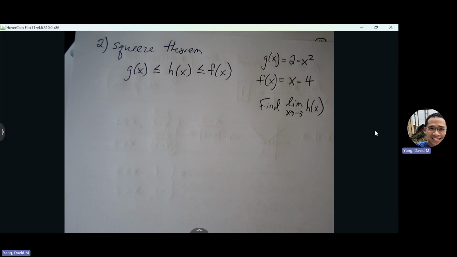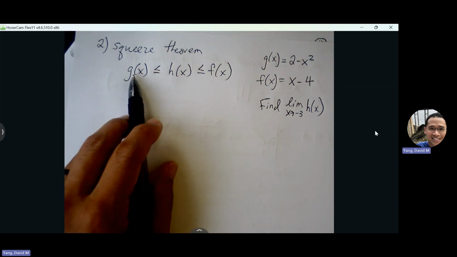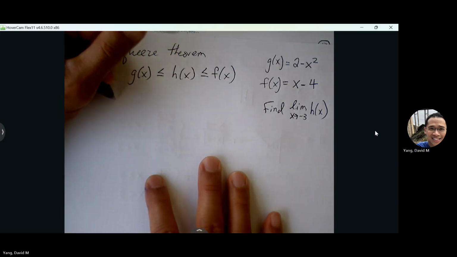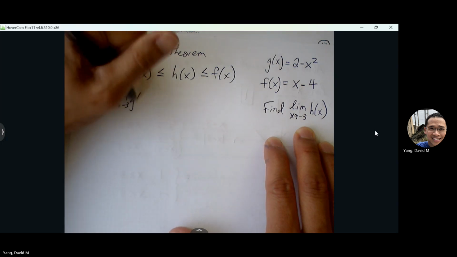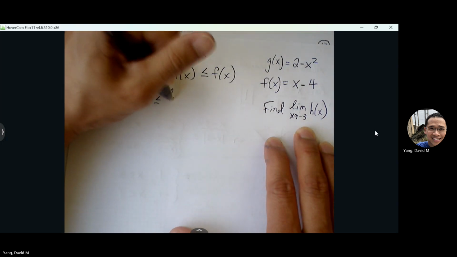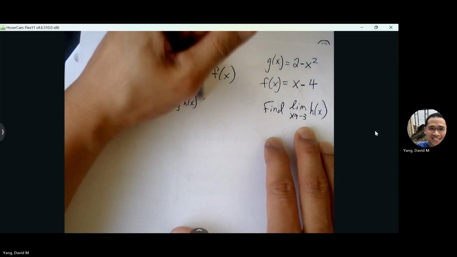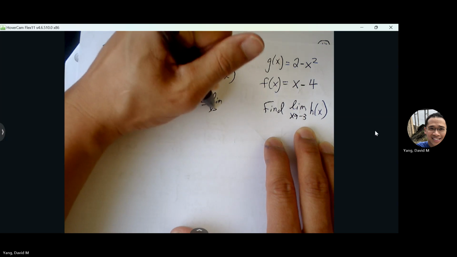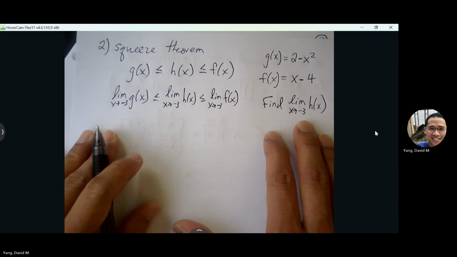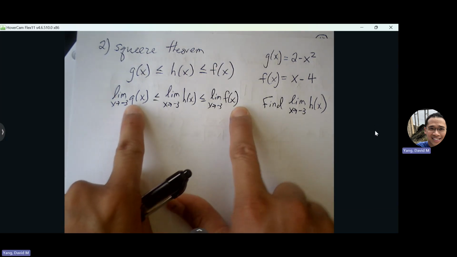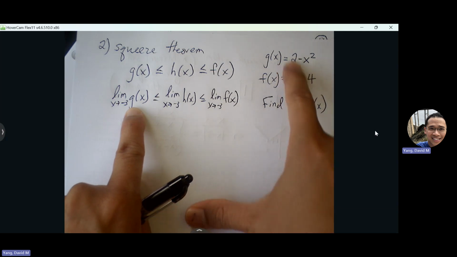Okay, so we want to find the limit as x approaches -3. So let's apply that limit to each of the statements. The middle is still unknown, but we can fill in g and f with specific expressions since we have that given to us.